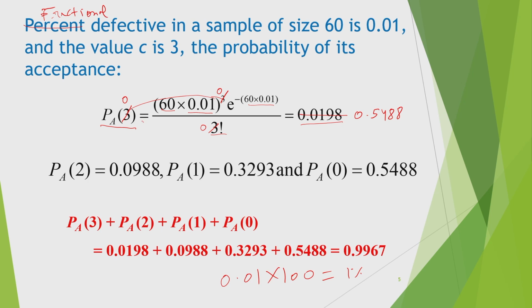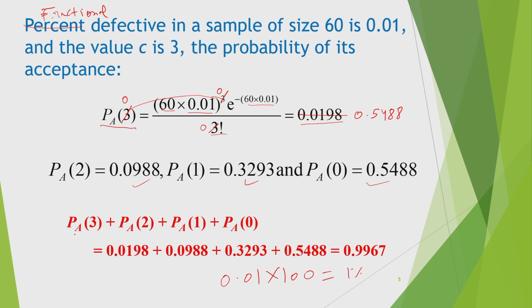So you got PA3 also, that is 0.0198, PA2 also you got, PA1 also you got, PA0 also you got. PA doesn't mean acceptance, rather PA means what is the probability that there will be 0 defect, what is the probability that there will be 1 defect.